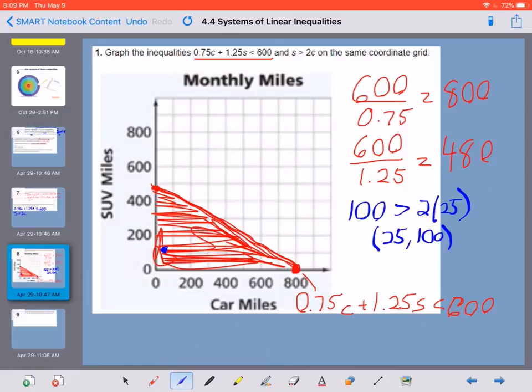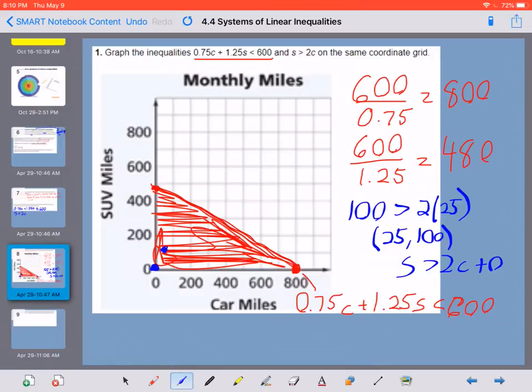I know I'm going to start at 0, because if I have S is greater than 2C, I have no b, so that would be like plus 0. Then I'm going up 2 every time.